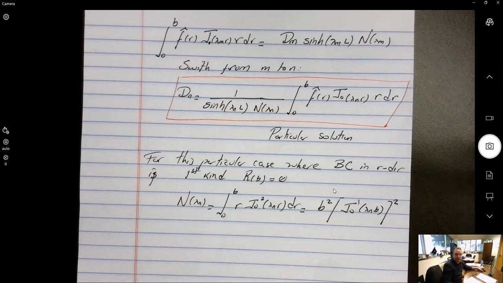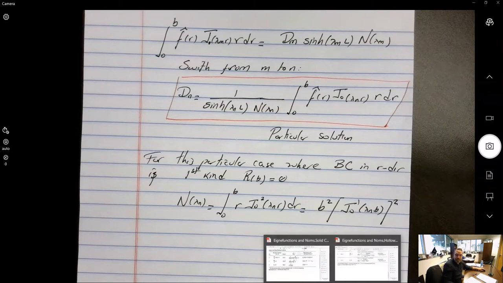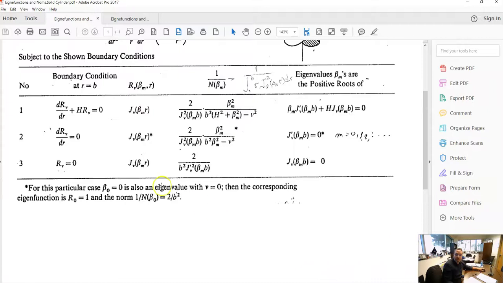So if we go to the table here for solid cylinders, for the case number 3, when the boundary condition is the first kind, the norm, or this is the inverse of the norm, I think we're missing a 2, J prime, yeah, we're missing a 2 in here.